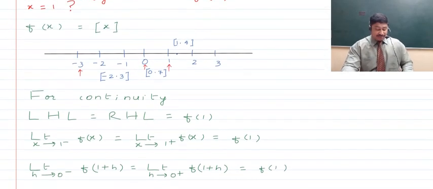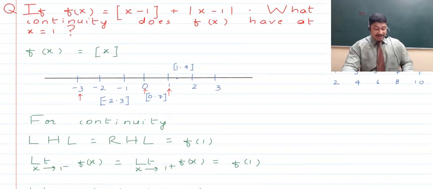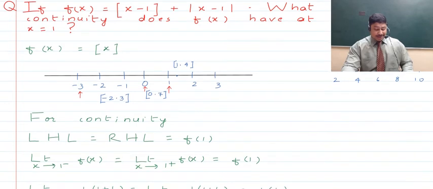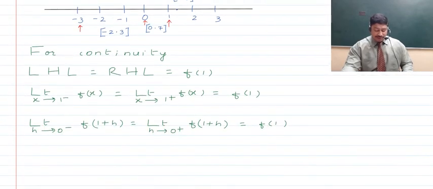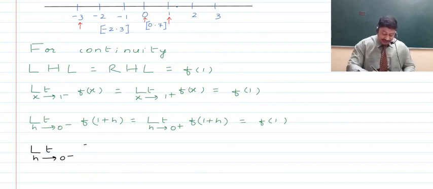So next, guys, we talk about the function which we've been given at hand, that is greatest integer of x minus 1 plus absolute value of x minus 1. Now we come to the left hand limit. So we have limit h tends to 0 minus, the function is greatest integer of x minus 1.